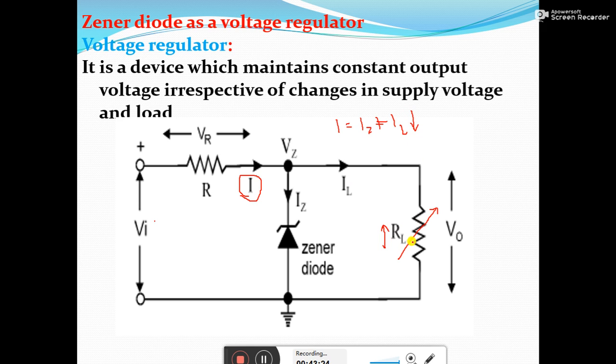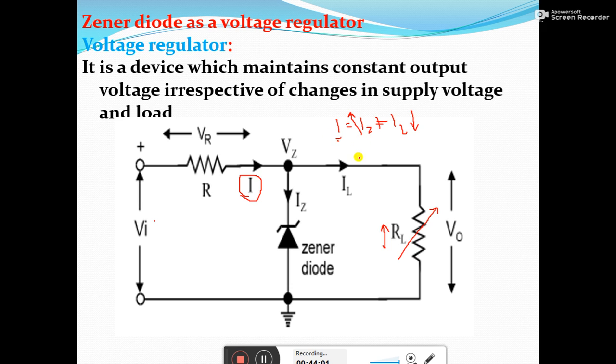As IL is decreased, to balance this equation, either I or Iz should increase. But I expect, as I already told you, since Vi is constant, I should be constant only. So if IL is decreased, Iz should increase to have the constant I here.